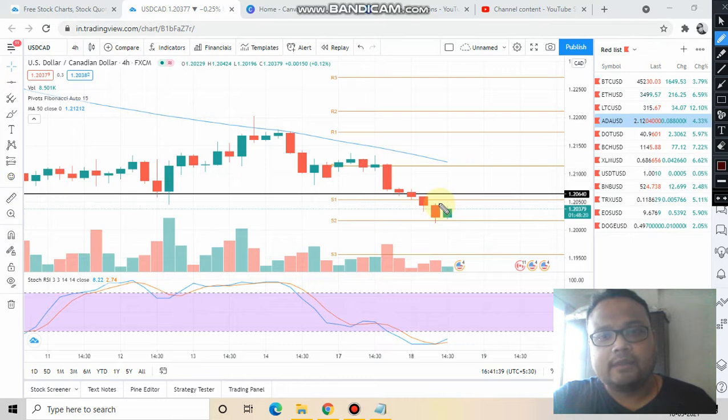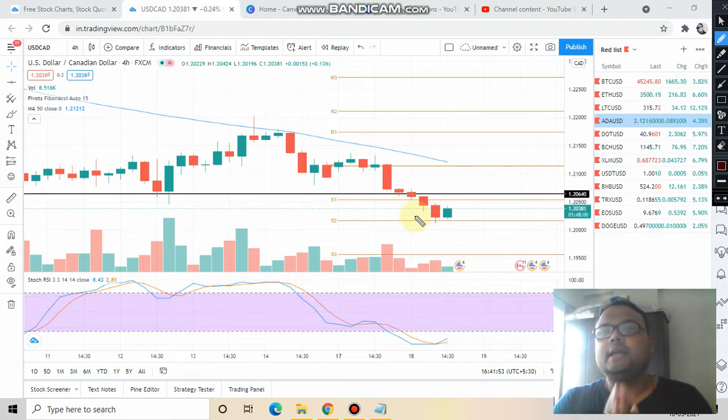Before that, market formed a red candle, but there was price rejection from below. Before that also, market formed a red candle, but there was price rejection from below, which means that market is not completely under the dominance of the sellers. There are some forces present in the market who are still trying to take the price upward.